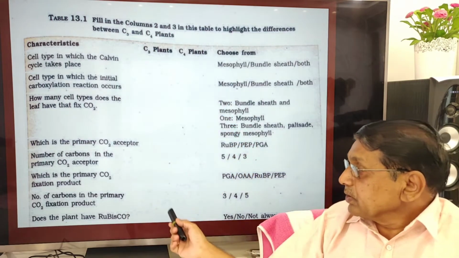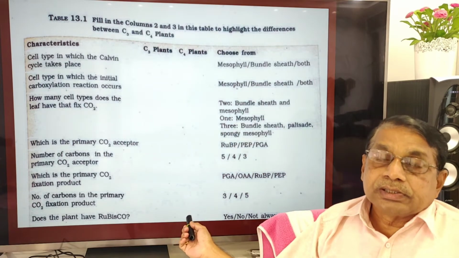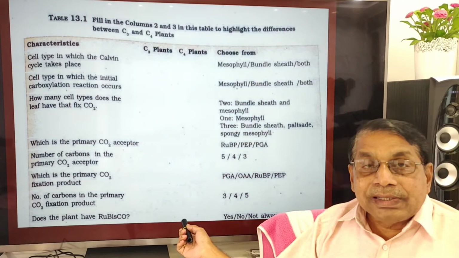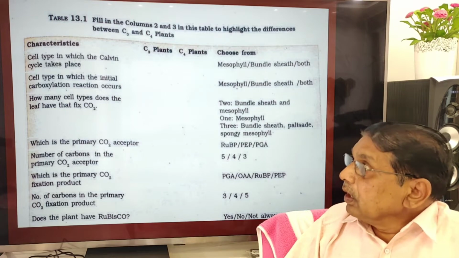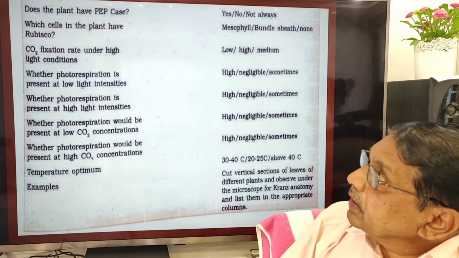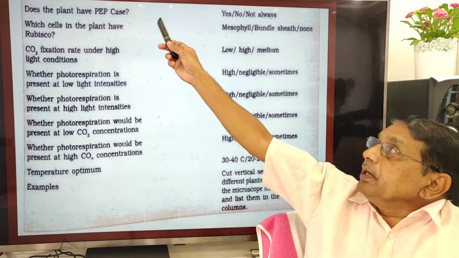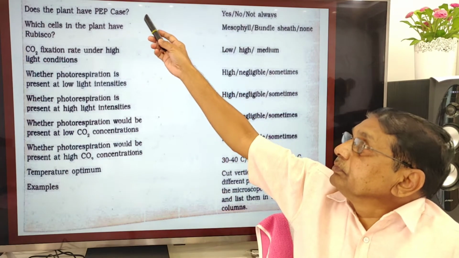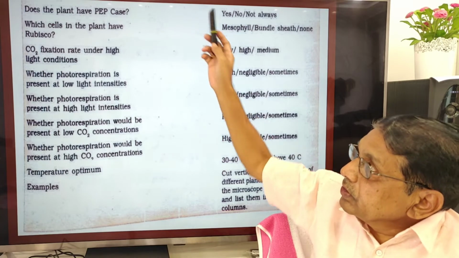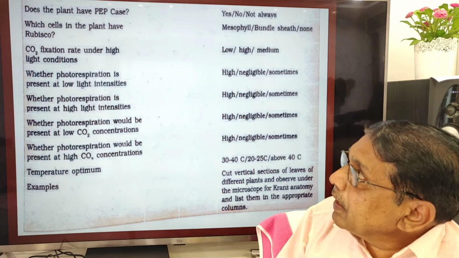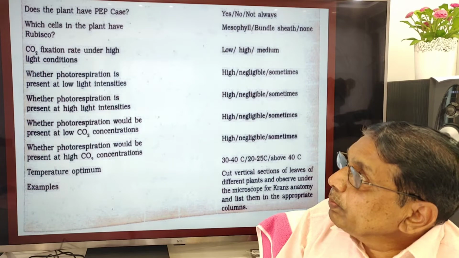In C4 plants, rubisco absent, instead it is PEP carboxylase. Then, does the plant have PEP carboxylase? In C3 plants, it is absent. In C4 plants, present.